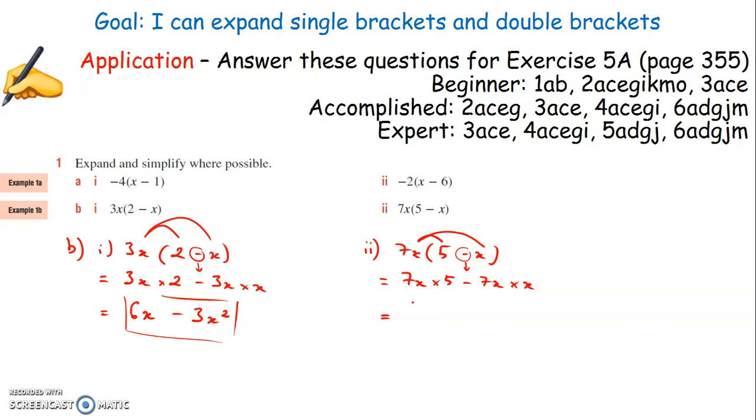Multiply the numbers: 7 times 5 is 35, so we have 35x. And minus sign down, 7x times x. x times x is x squared, so we have 7x squared. And this is our answer for b(ii).